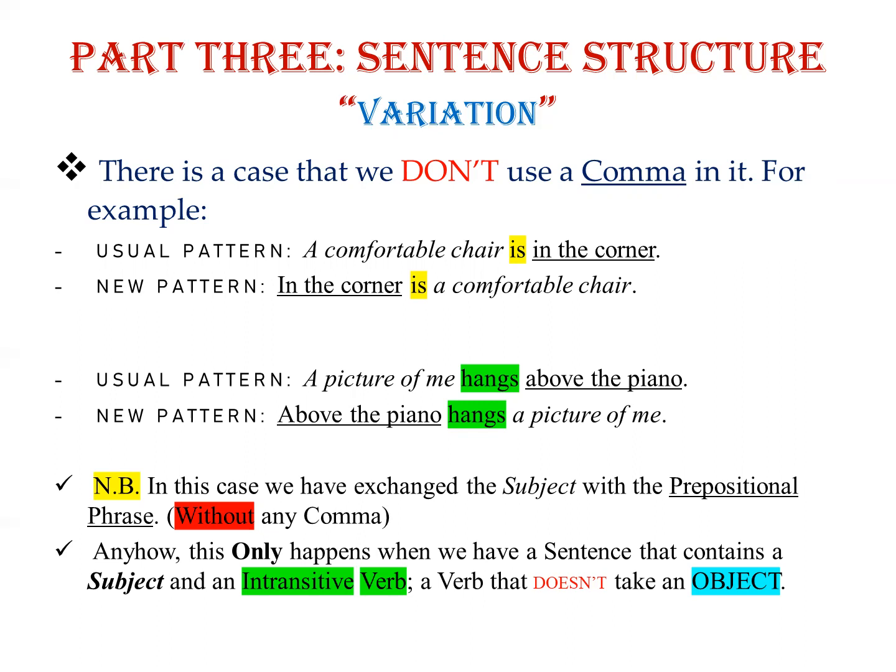This will make the reader expect something and wait until he continues the sentence, which will be a little bit creative, not as usual, not as all people do. This is all about variation. So we have two patterns. There's a pattern where you need to use a comma, and when we have an intransitive verb, you don't have to put a comma.